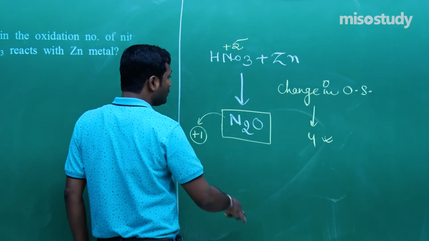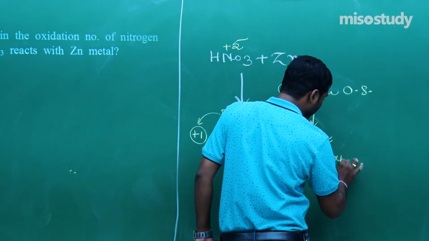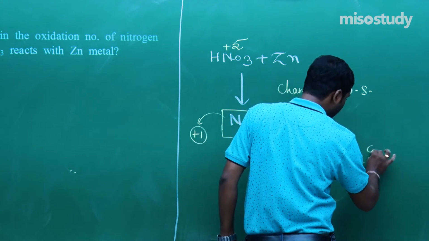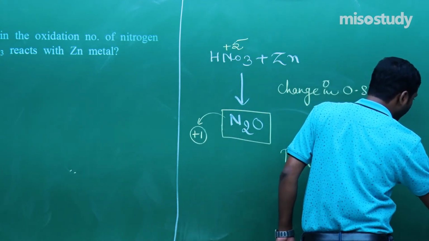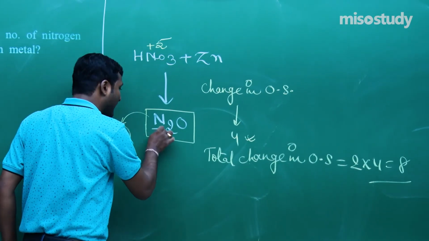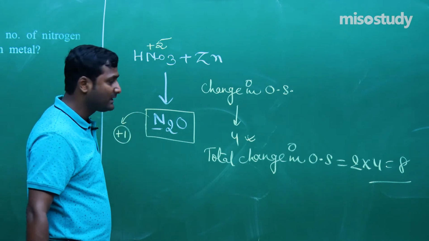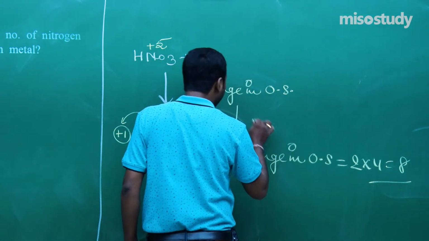Now here is 2, so be careful, the total change in oxidation state is 2 into 4, overall 8, not 4, because there are two nitrogen atoms.